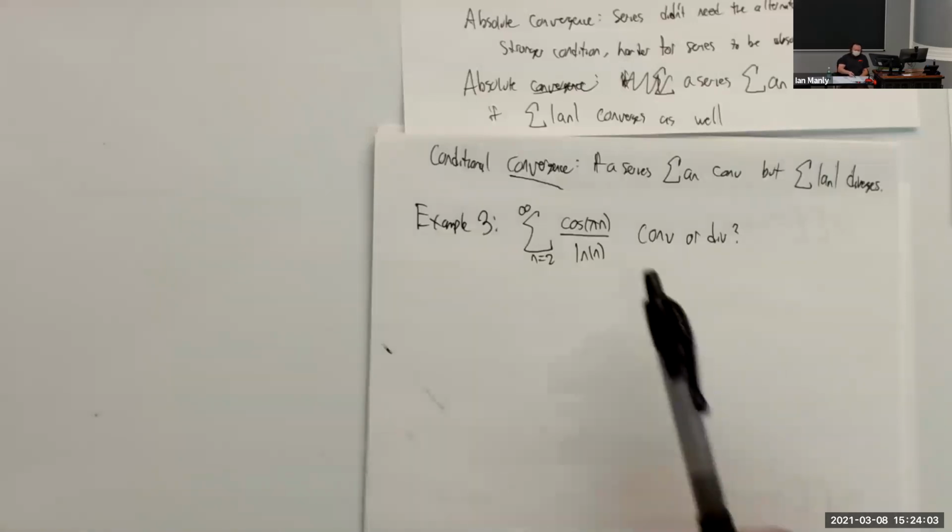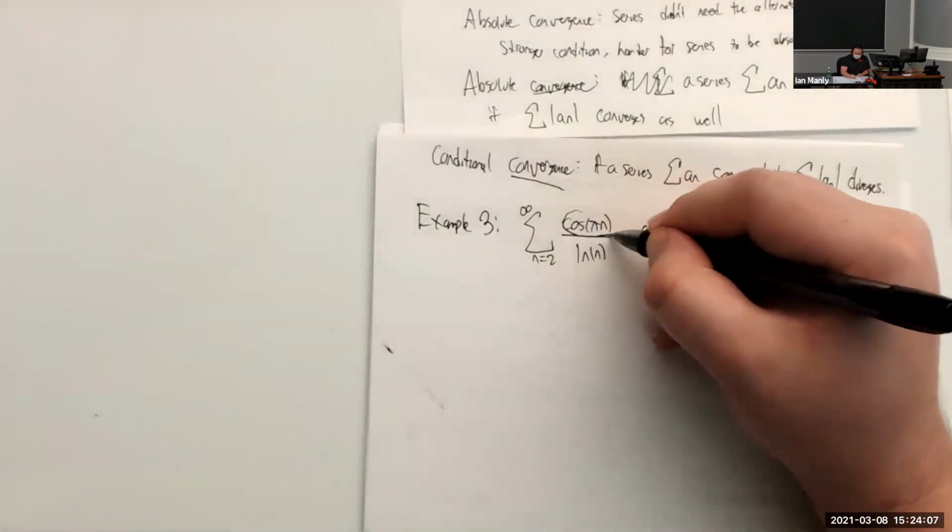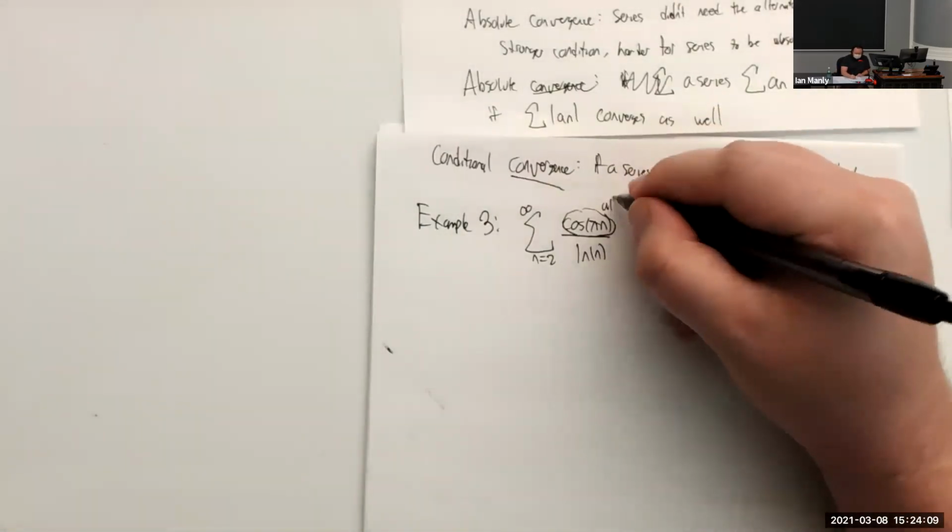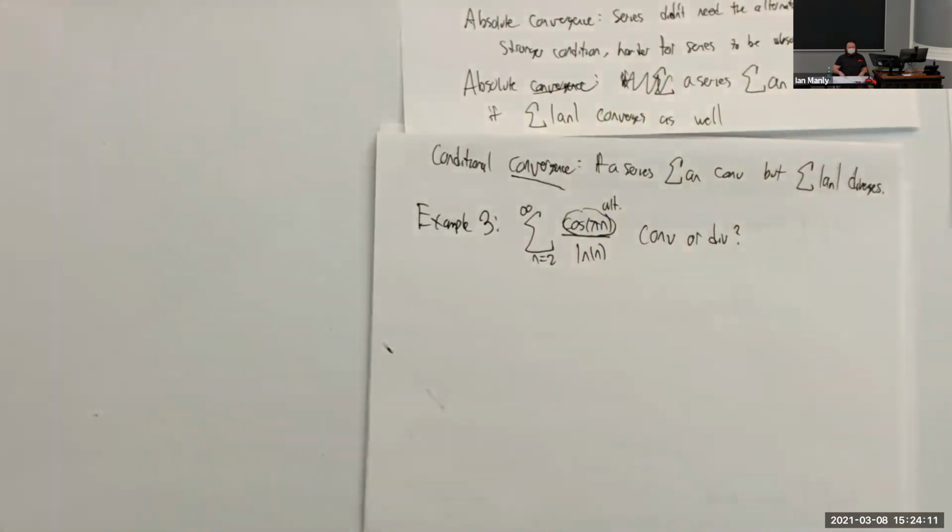You might be like, alternator? Wait a minute, I don't see a (-1)^n in here. Well, remember, this was also an acceptable alternator. Cosine of pi n, if you plug in successive values of n, cosine of any whole number multiple of pi will be either 1 or -1, and it flips between them every time.